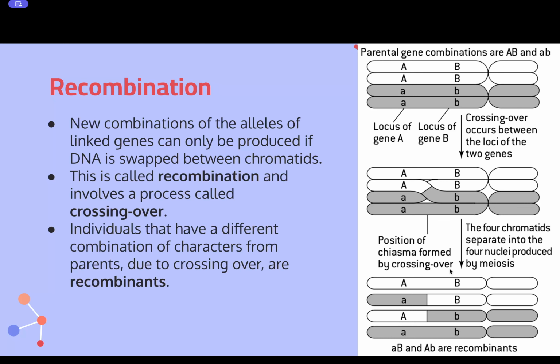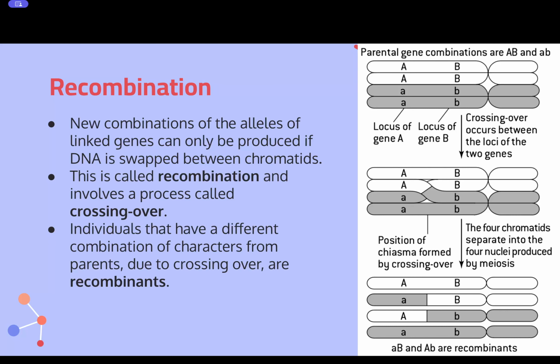So this on the right is the process of gene recombination. For example, you can see this set of sister chromatids has both capital A, capital B on the same side. Here it's small a, small b on the same side, but due to crossing over, it results in these four completely different chromatids.